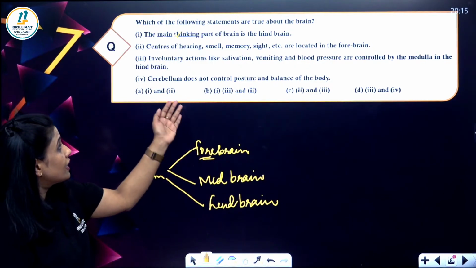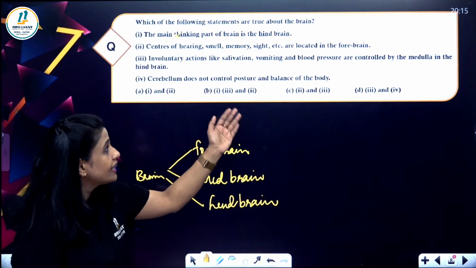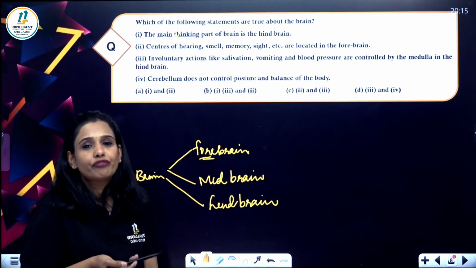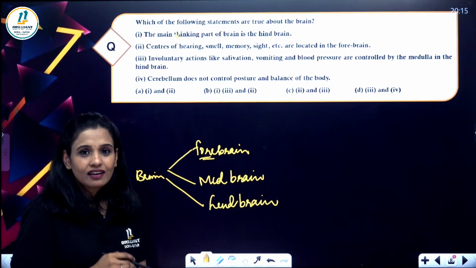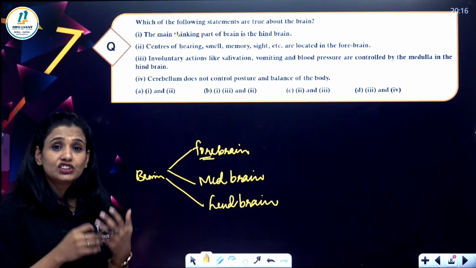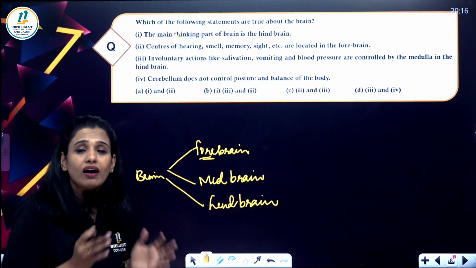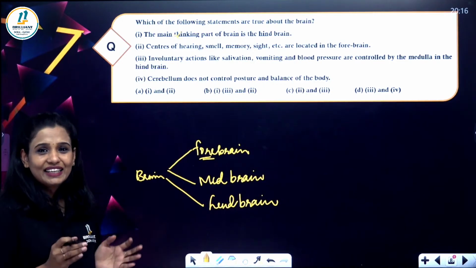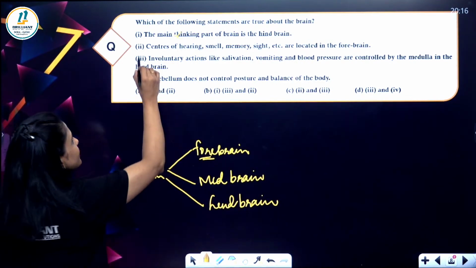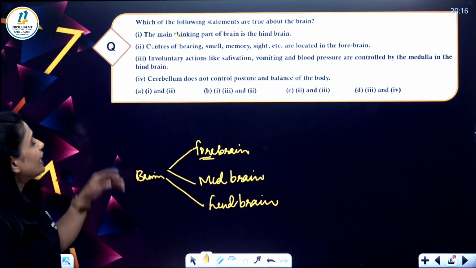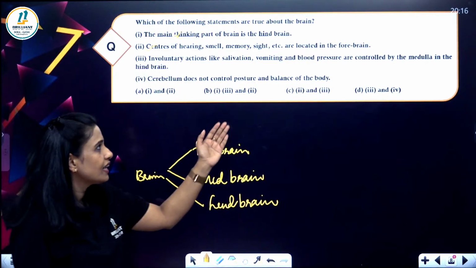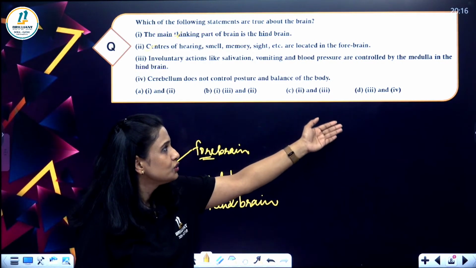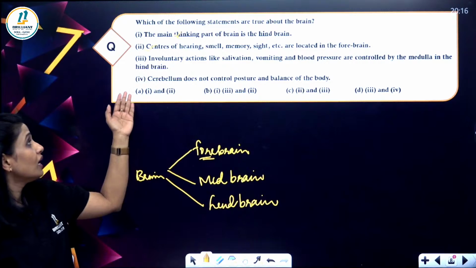Centers of hearing, smell, memory, sight, etc. are located in the forebrain. Is that statement correct? Yes, it is correct. The centers of imagination, thought, memory, all these are located in the forebrain. Now, involuntary actions like salivation, vomiting and blood pressure are controlled by the medulla in the hindbrain.